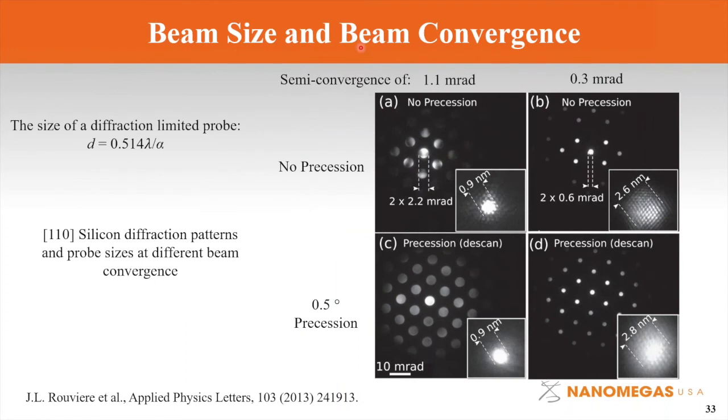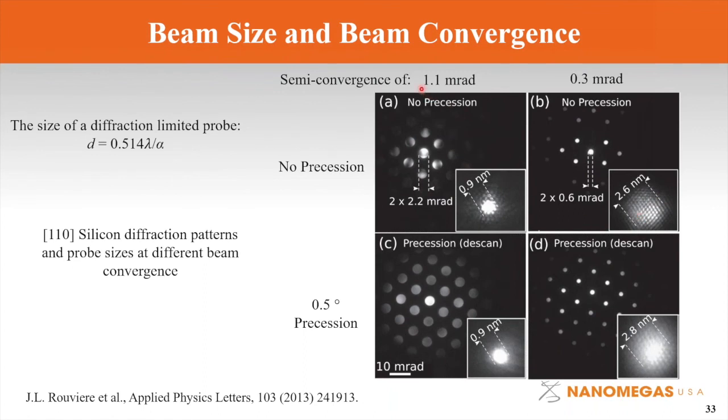Now, I mentioned that our algorithm can accommodate some beam convergence. The importance of this has to do with the probe size. So shown here on the right are 110 silicon diffraction patterns and their probe size in the inset at different beam convergence. So for MBD, you have a more parallel beam, and the consequence of that is in real space, the probe is rather fat.